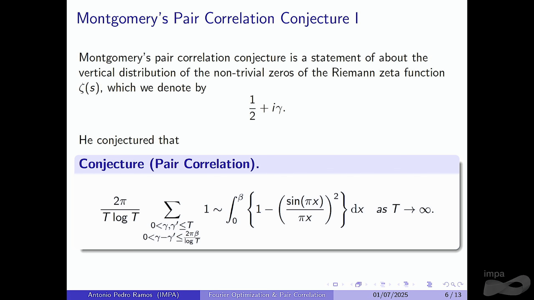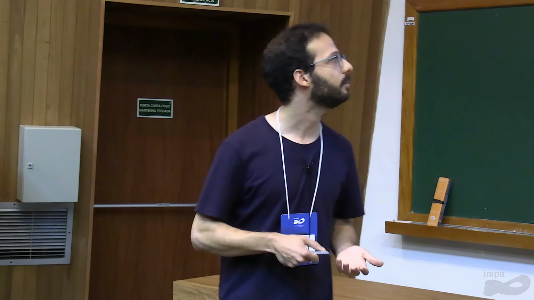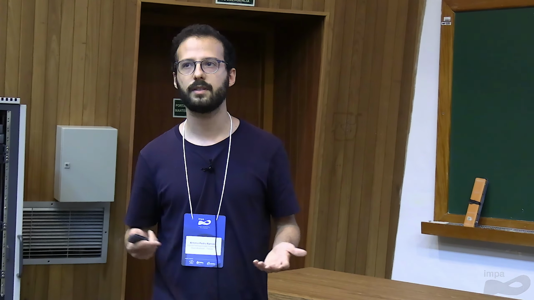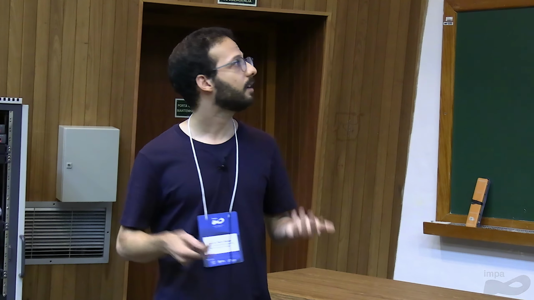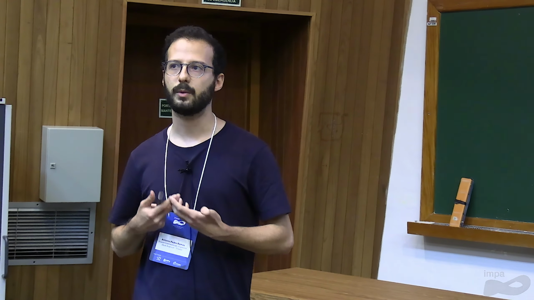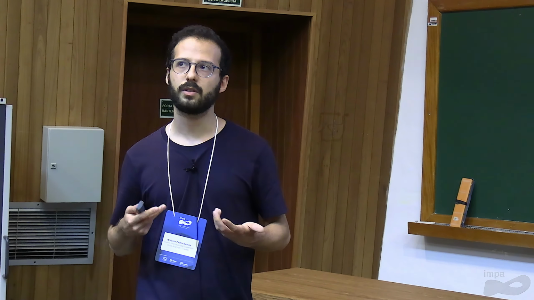Proving a fact like this would have consequences, such as better bounds on large gaps between primes and better estimates on the error term of the prime number theorem. It would also have consequences for analytic facts about the zeta function itself, such as whether the zeros of the Riemann zeta function are simple or not.